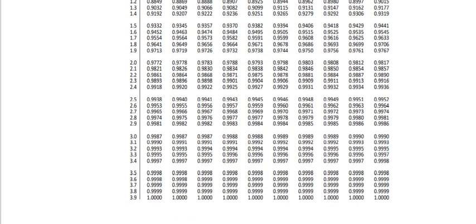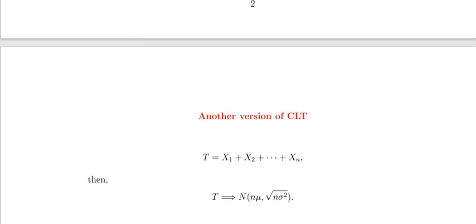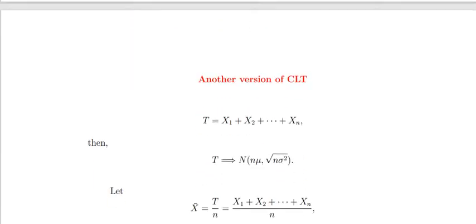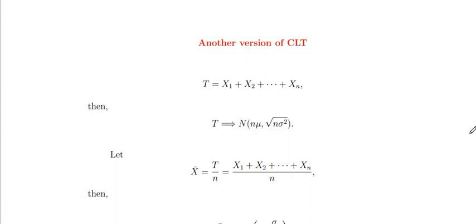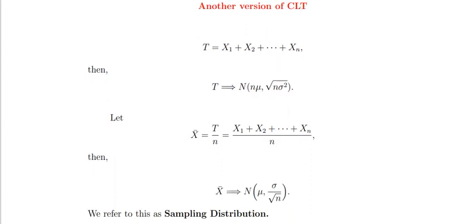So this is the central limit theorem. We have another version. Here let's say we have a summation for the total result, x1 plus x2 up to xn.